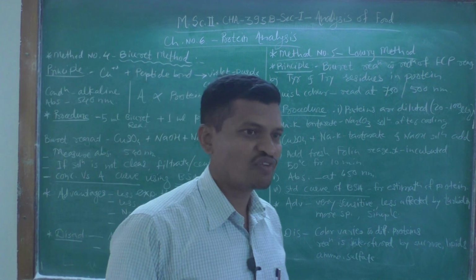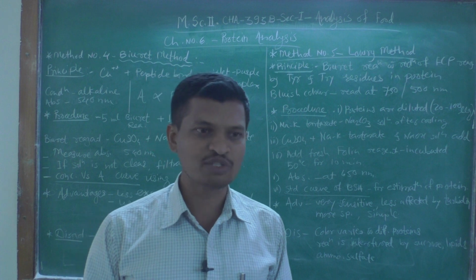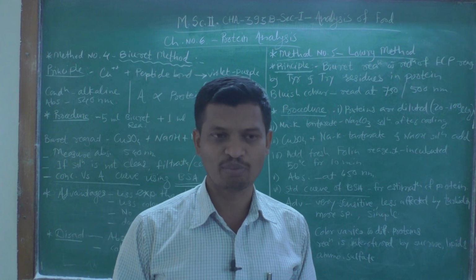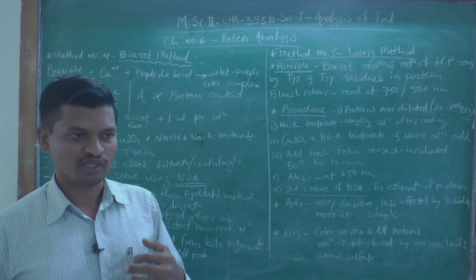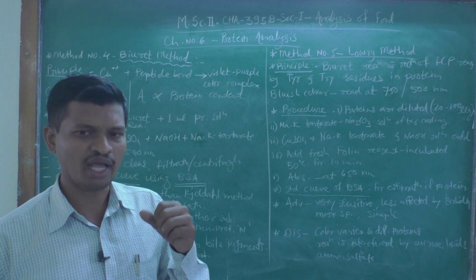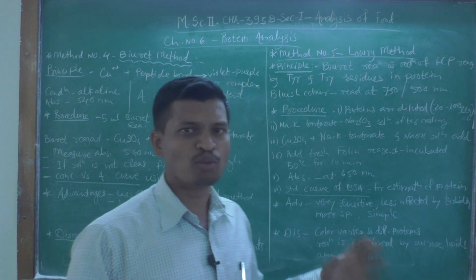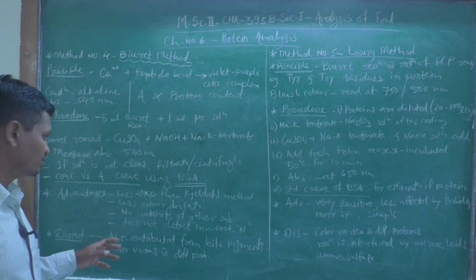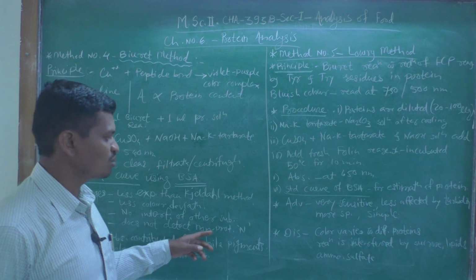For example, if carbohydrates, sugars, phospholipids, or phosphate groups are present in our food sample, they may interfere with the analysis. Such interference is not observed in this biuret method.